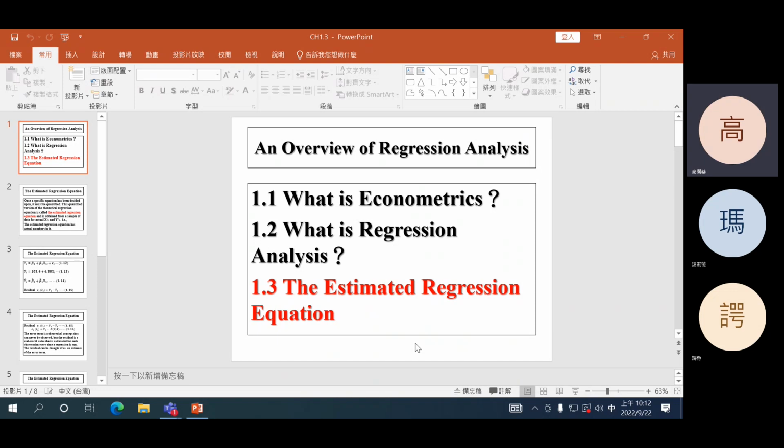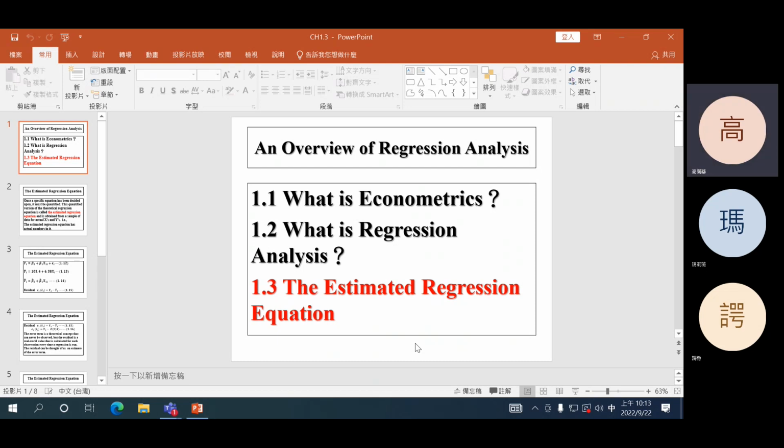Now if I say that those points are what I collected as a sample from the population, and in this class when we talk about those data, we are really saying this is a good sample, meaning a good representative of the population. So using those data, I'm trying to find an estimated regression equation, which is the red line.